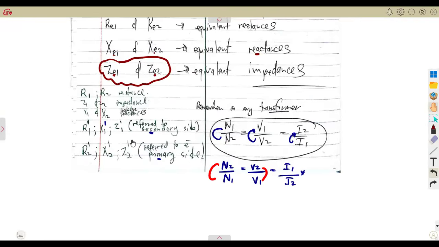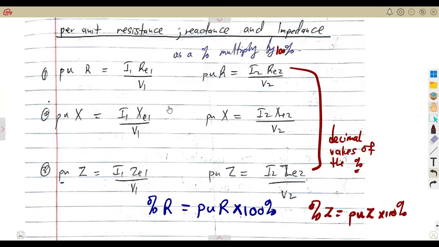From these per unit values of resistance and reactance, the per unit value can be calculated from this formula. As a percentage, when it is percentage resistance, we are simply multiplying our answer by 100%. So percentage resistance is per unit resistance times 100%.